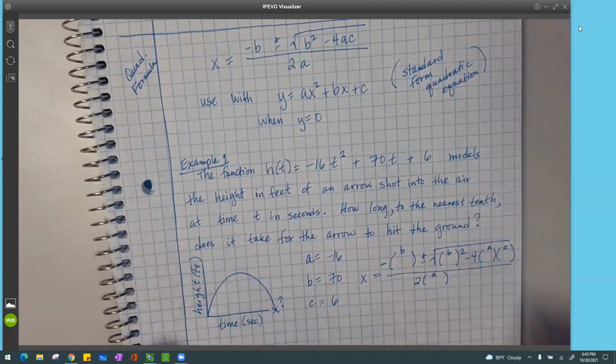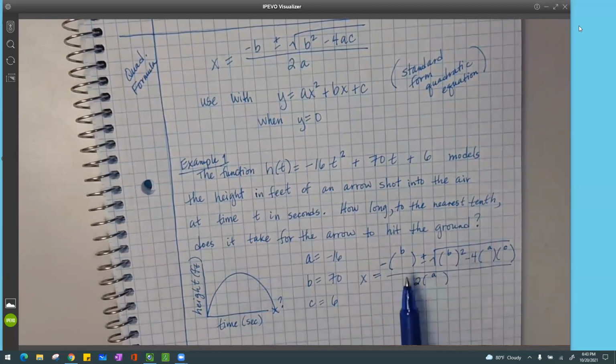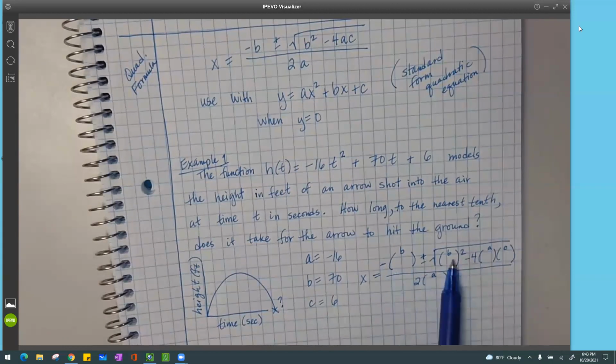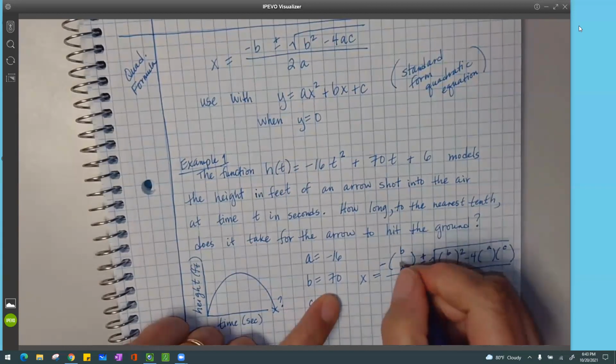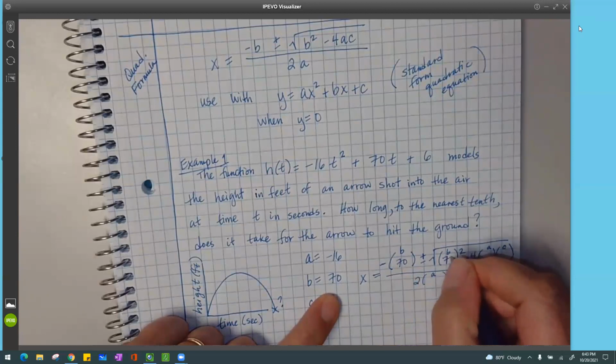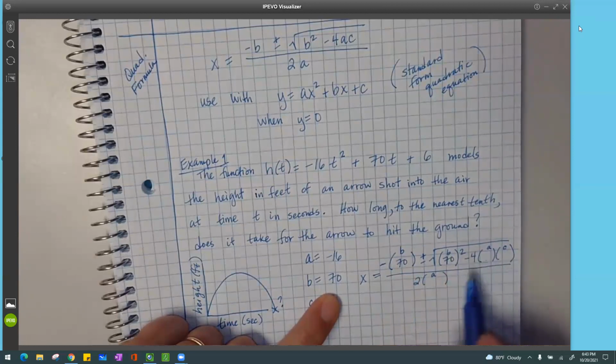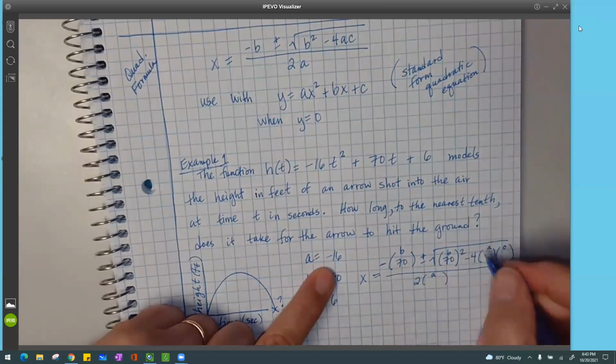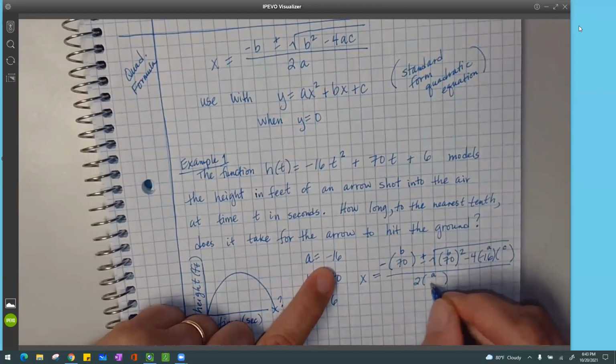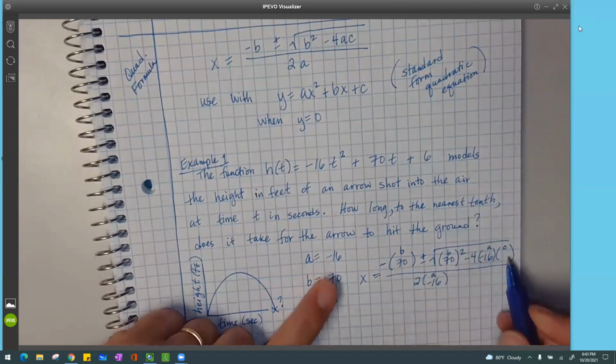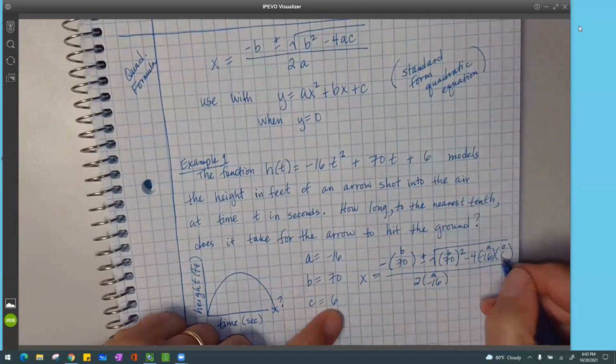All right, my equation is set up to substitute. So everywhere there's a b, I'll write 70. And everywhere there's an a, I'll write negative 16. And everywhere there's a c, which is just this one place, I'll write 6.